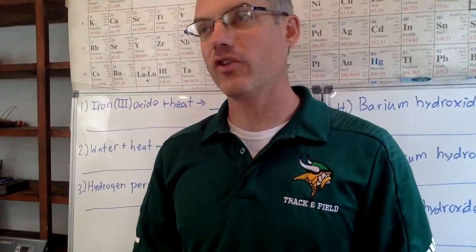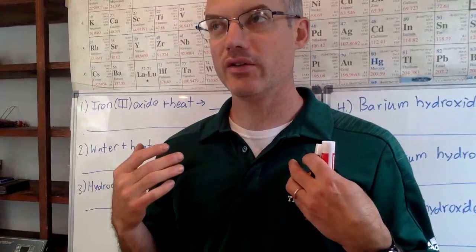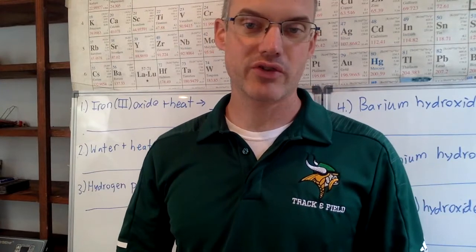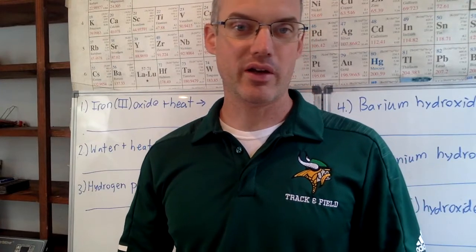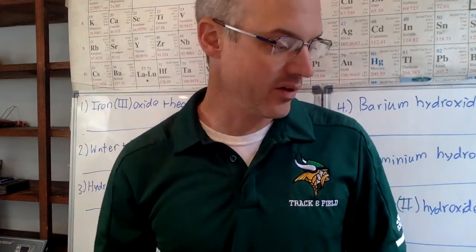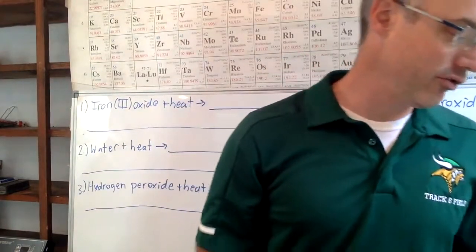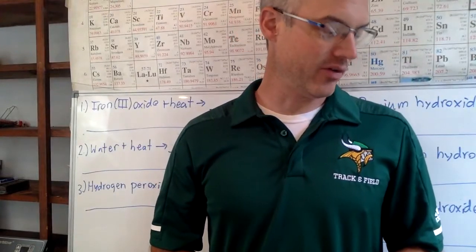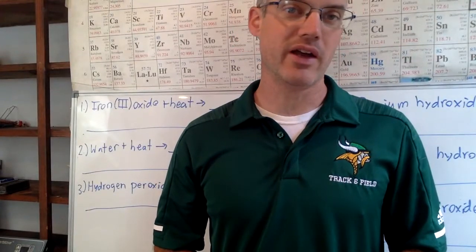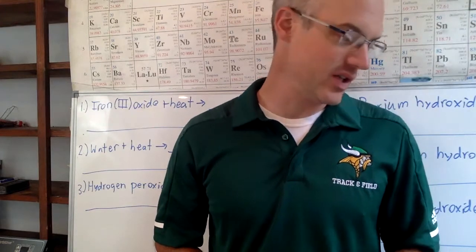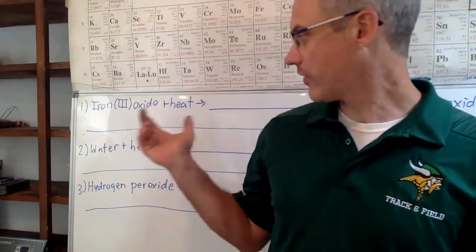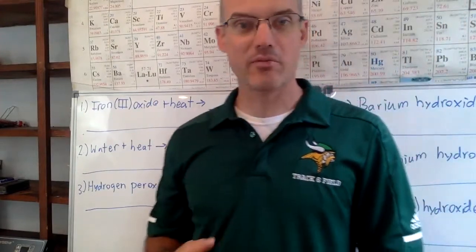Thermal decomposition is you use energy from heat sources to try to tear apart compounds, decompose the compounds. We're limited to pretty low temperatures with Bunsen burners, although anything really, if you heat it up high enough, will thermally decompose. But for us, our first example is iron 2 oxide plus heat.